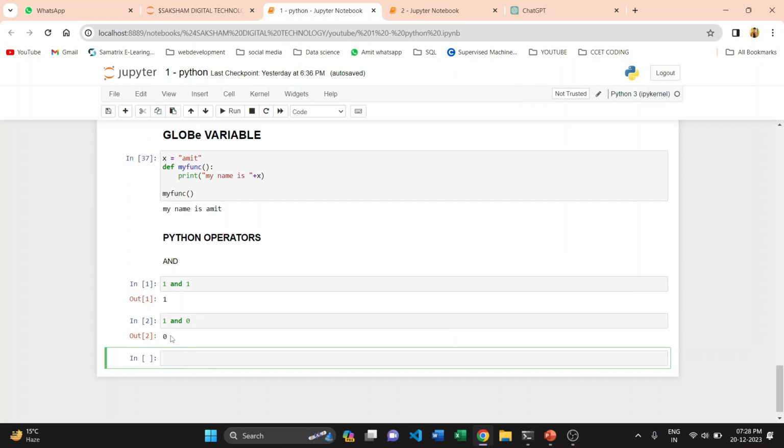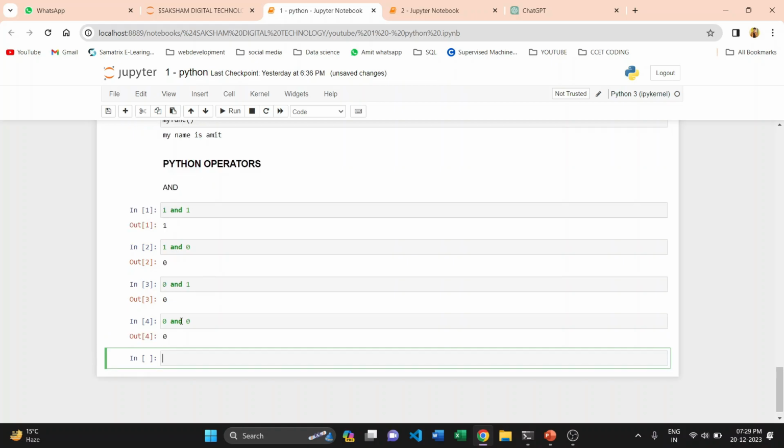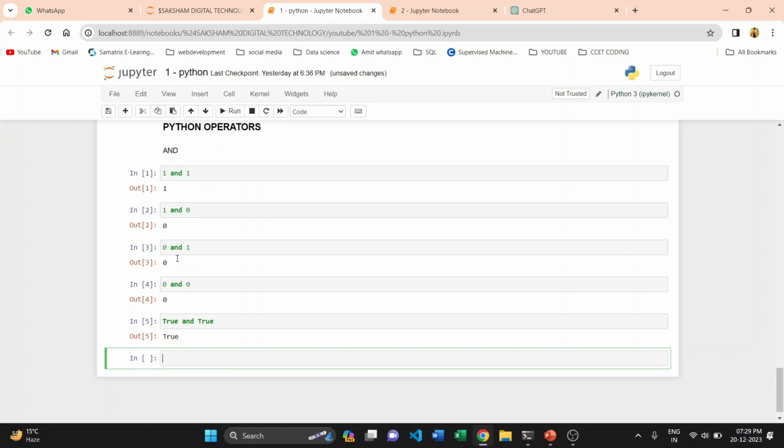In an AND condition, both values must be true. Passing 0 and 1 gives 0, and passing 0 and 0 also gives 0. The same works with true and true, which gives you true. This is the concept, same with same.